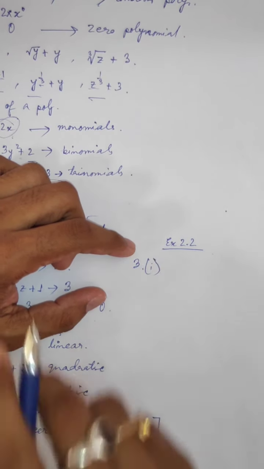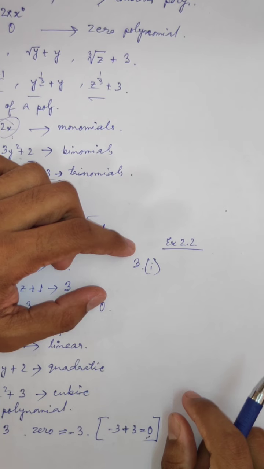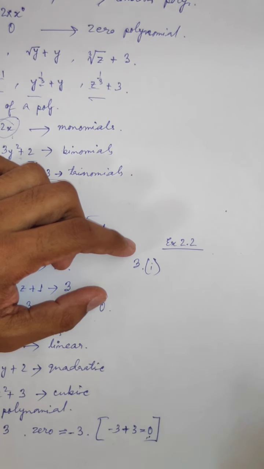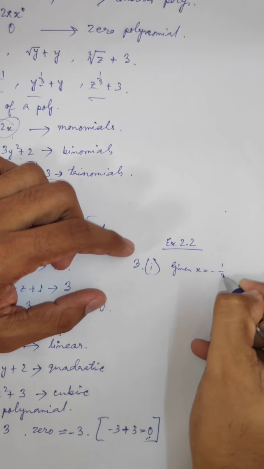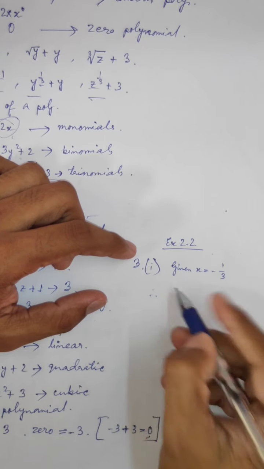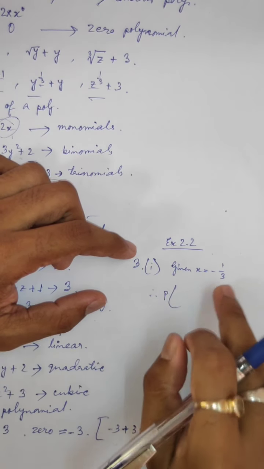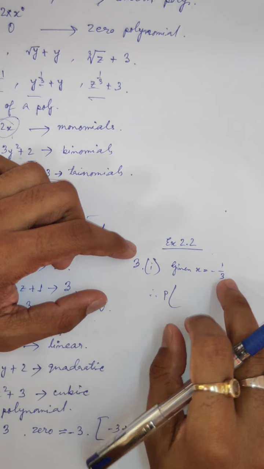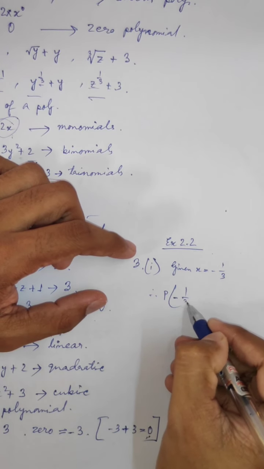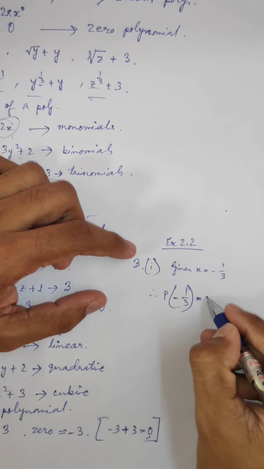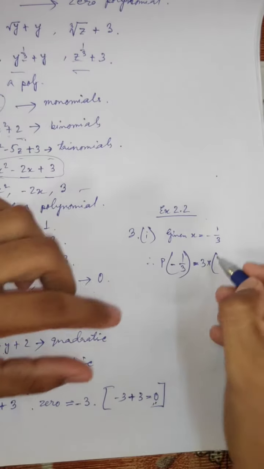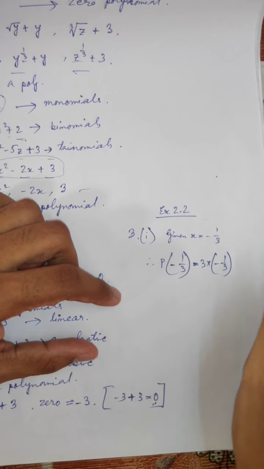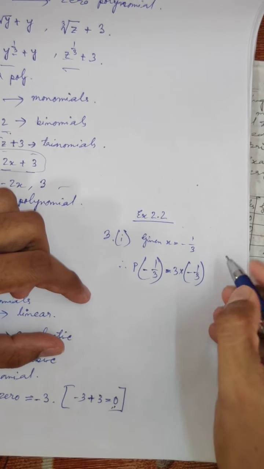If we consider number 1, it is given 3x plus 1 and the value of x is minus 1 by 3. So we have to put this value in place of x. So p of minus 1 by 3 will be equal to 3 into minus 1 by 3, plus 1.